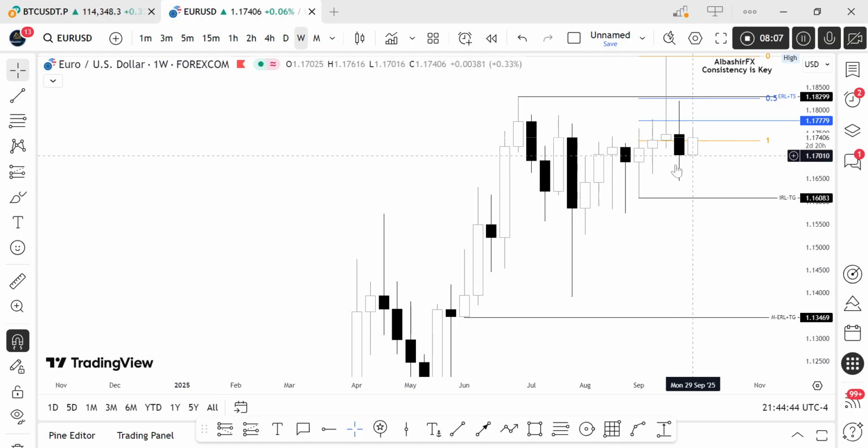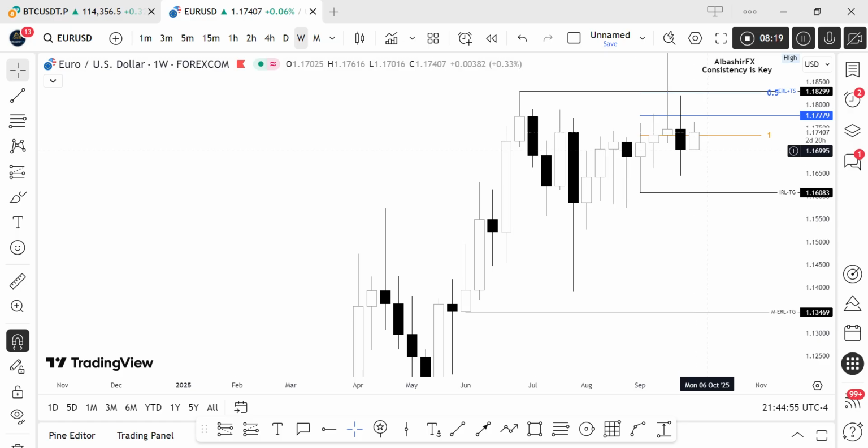So what I'm anticipating for now is price to continue to come lower and remain within this range ahead of NFP. And if we are going to sweep a previous week high, it will probably be this week.